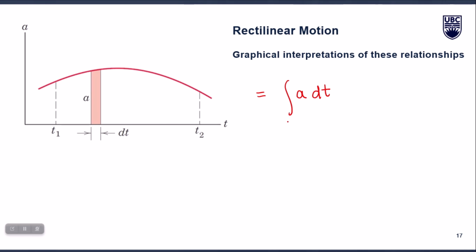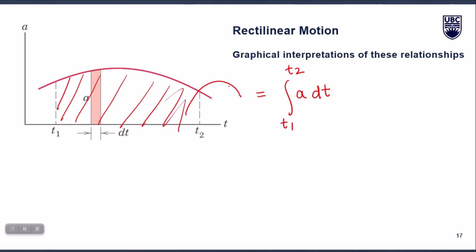So for example, from t1 to t2, the integration of acceleration should be equal to the shaded area, this whole area, right? So this is the shaded area, and the integration of acceleration is equal to net velocity between t1 and t2, right?